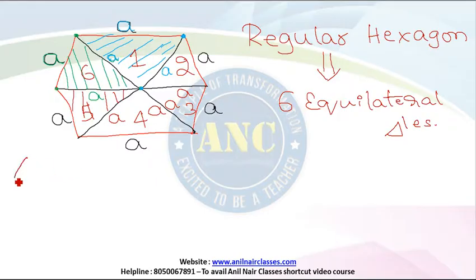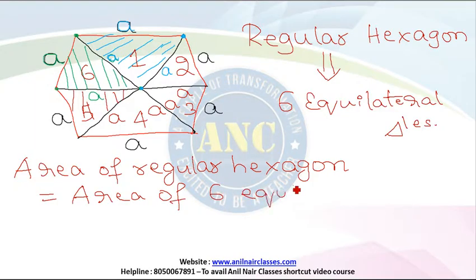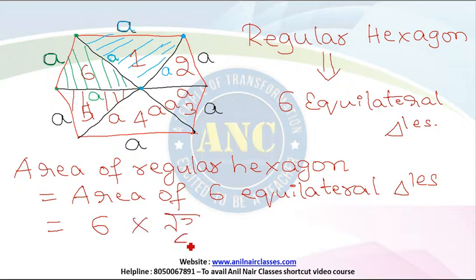A regular hexagon is a combination of 6 equilateral triangles. And what will be the area of this regular hexagon? The area of a regular hexagon is equal to the area of 6 equilateral triangles. You know the area of one equilateral triangle: root 3 by 4 into side square, where the side is a here.